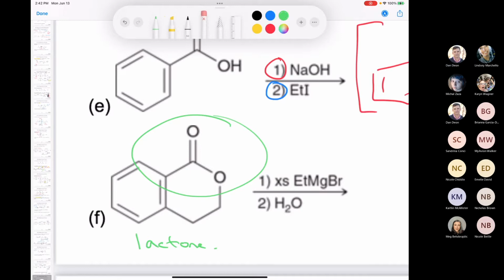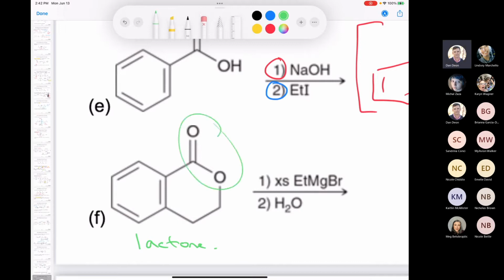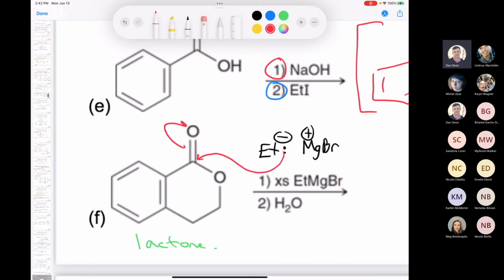And if we end up reacting this cyclic ester, remember that the first equivalent of the ethyl magnesium bromide, let's pencil it in, magnesium bromide, right? The first equivalent is going to attack the carbonyl to make a tetrahedral intermediate like this.